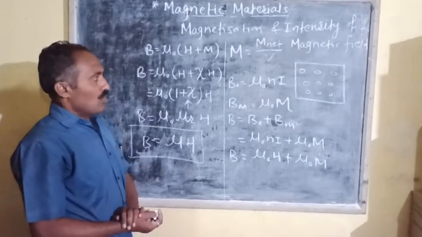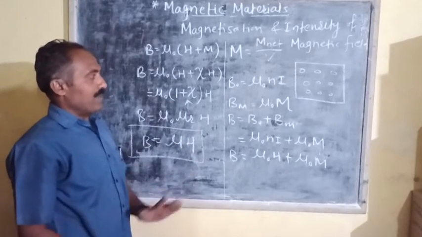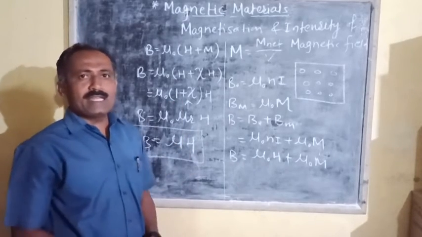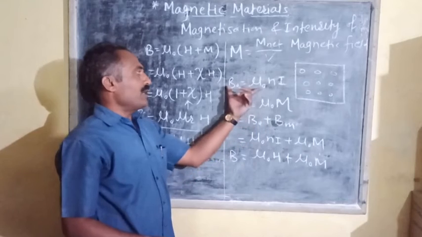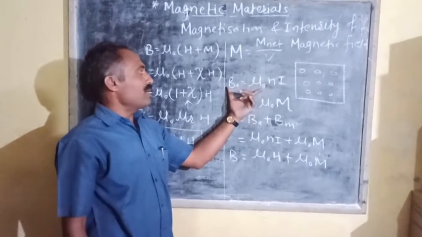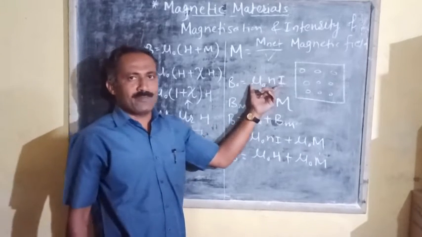We again repeat this. We know that the magnetic induction inside the solenoid is given by B0 is equal to mu 0 N i.